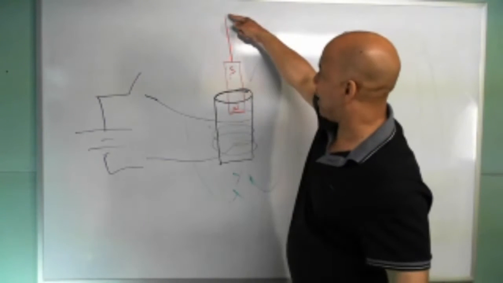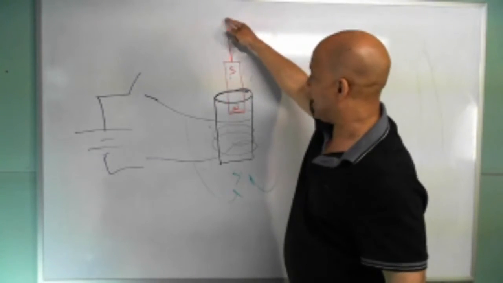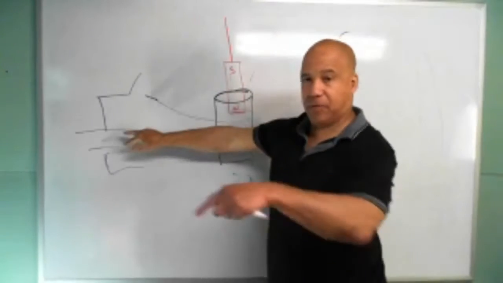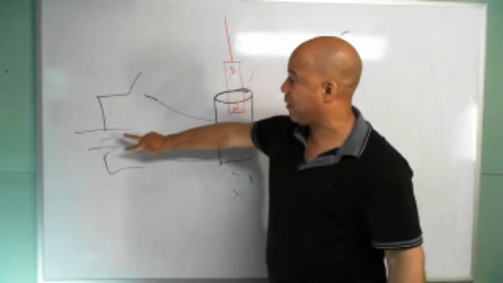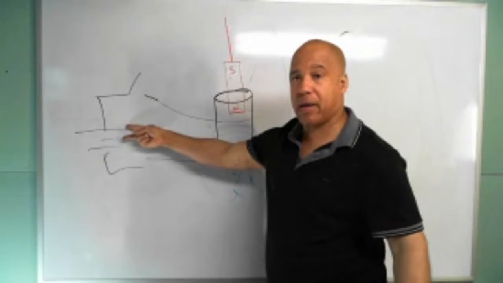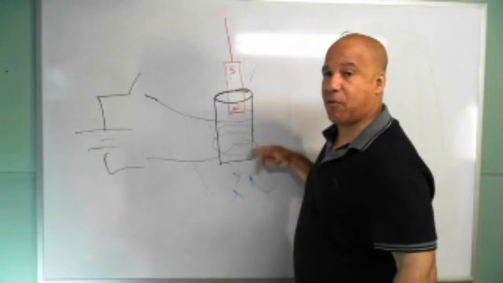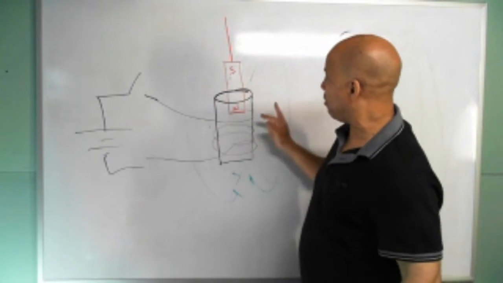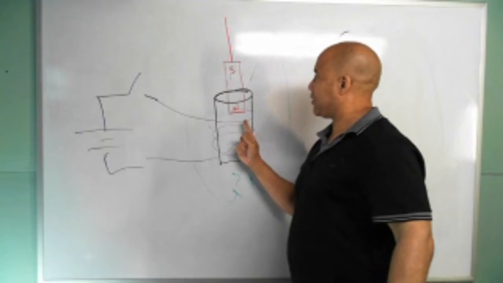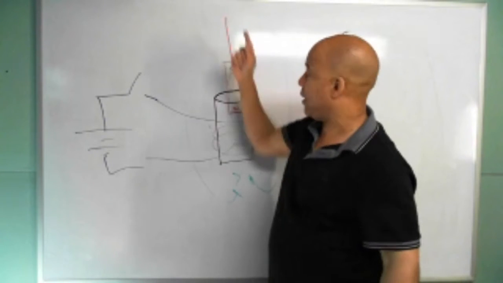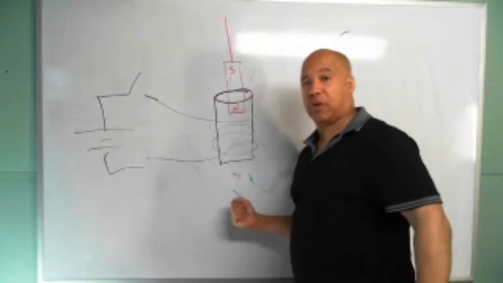You can have your door lock mechanism here, and you can reverse the polarity by moving the switch back and forth. It reverses the polarity of the current, which changes the north-south orientation of the coil, which either, if I have a north against the north, is going to push the plunger up. If I have a north against the south, it's going to pull the plunger down.